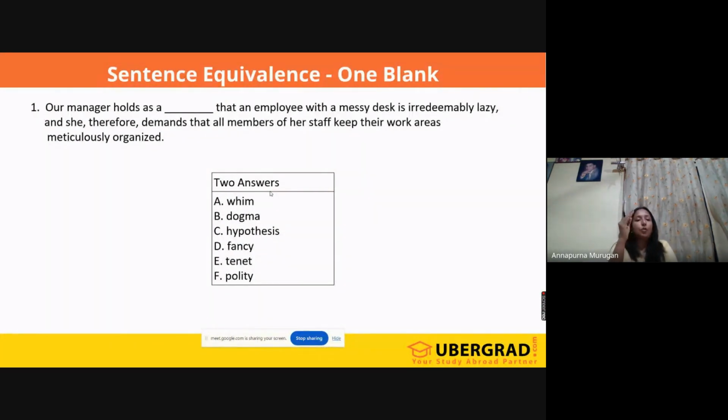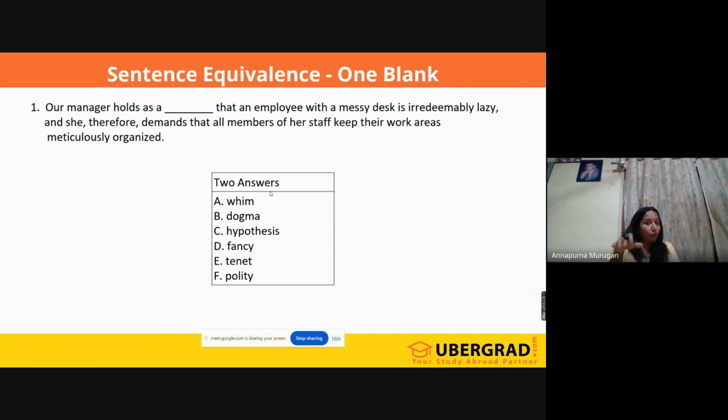Our manager holds as a dash that an employee with a messy desk is irredeemably lazy. She thinks that if an employee has a messy desk, that employee is completely lazy.